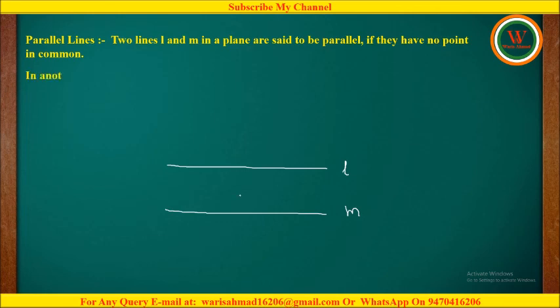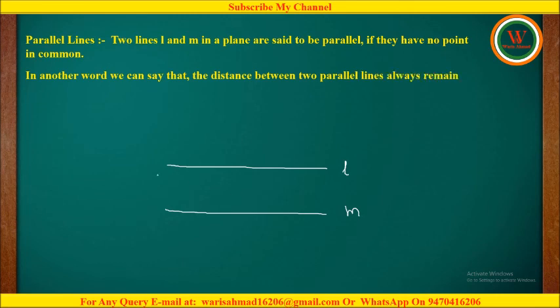In other words, we can say that the distance between two parallel lines always remains the same. It means if we measure the distance at this point and at this point, then the distance of these two must be equal.